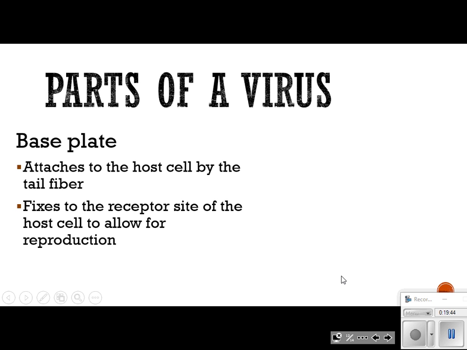It fixes to the receptor site of the host cell and allows for the reproduction of the bacteriophage. If it doesn't have something to attach to the host cell so that it can place the bacteriophage's DNA or RNA into the host cell, it's not going to work. So this base plate is what attaches to the host cell.